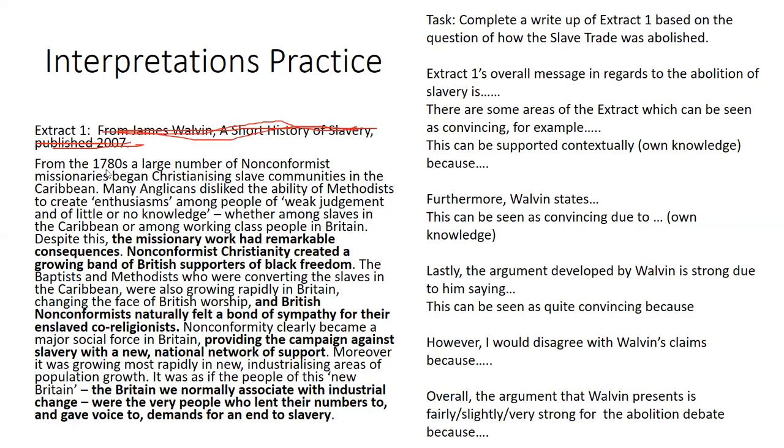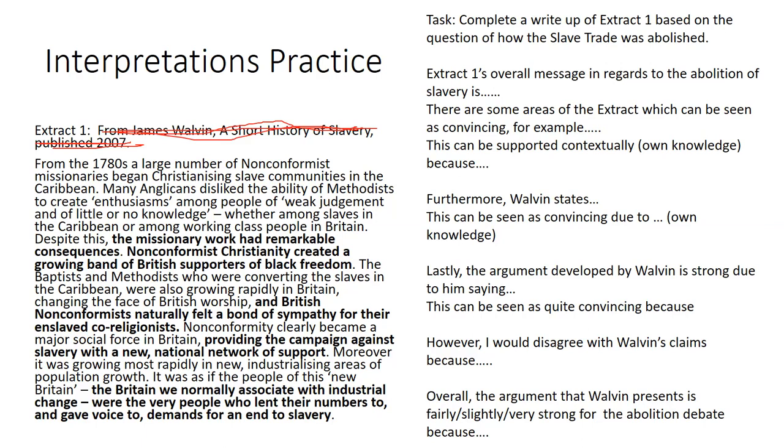So this says, from the 1780s, a large number of non-conformist missionaries began Christianizing slave communities in the Caribbean. Many Anglicans disliked the ability of Methodists to create enthusiasms among people of weak judgment and of little or no knowledge.